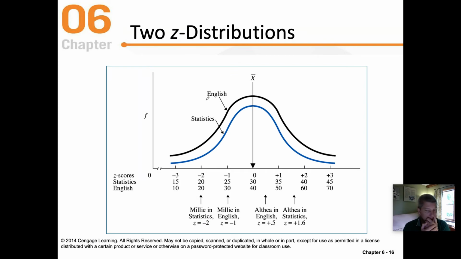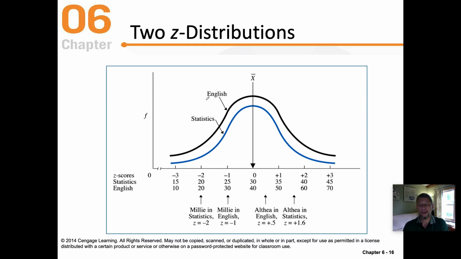Now, what this illustrates is that if you look at Millie's scores, for example, apparently Millie scored a raw score of 20 in statistics, and that put her at a z-score of -2. So it's 2 standard deviations below the mean. So she's not doing very well in statistics.